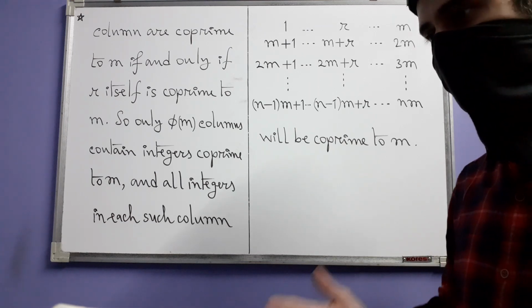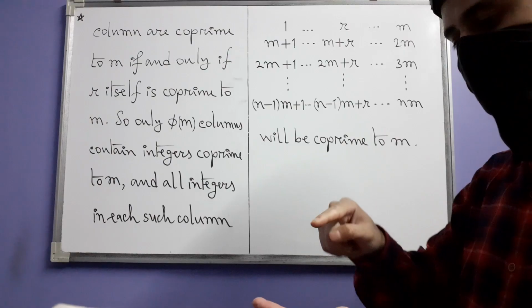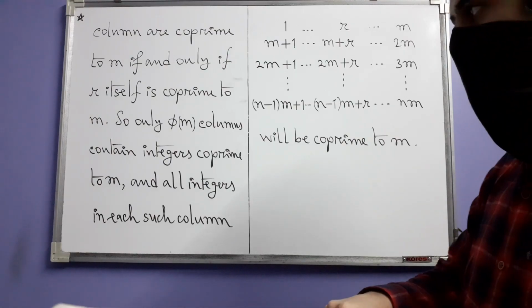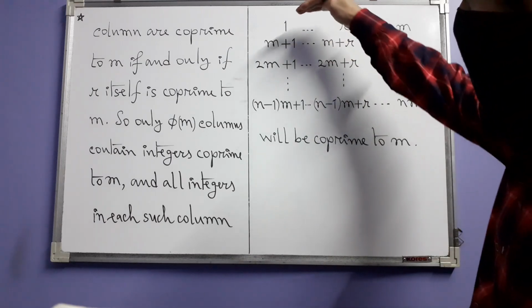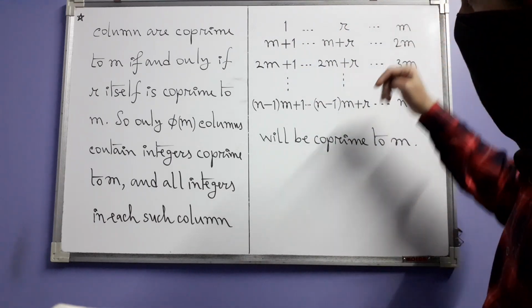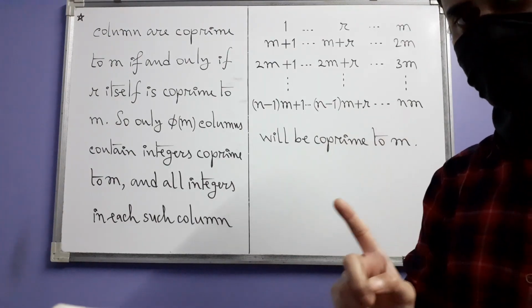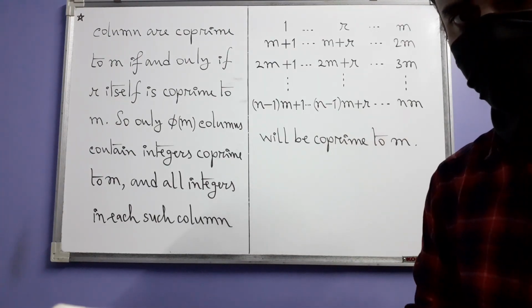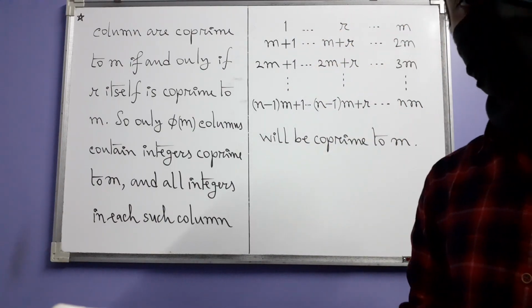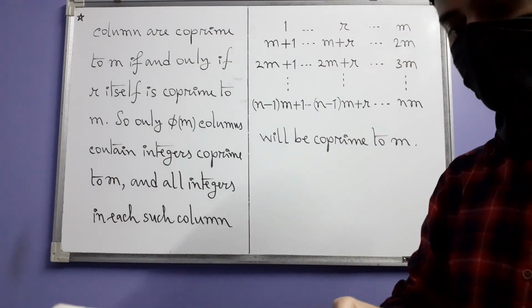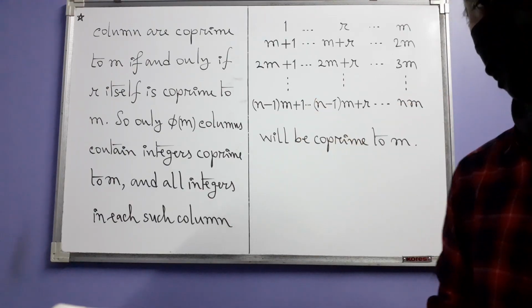So in your search for finding those integers that are simultaneously co-prime to m and n, you have found this fact at least, that among all these columns, only phi of m columns have integers which are co-prime to m. If you look at the topmost members of those columns, there itself you will know which columns have those integers that are co-prime to m.